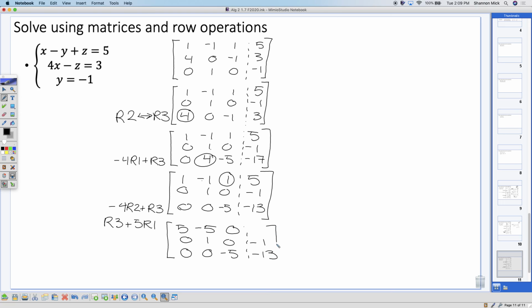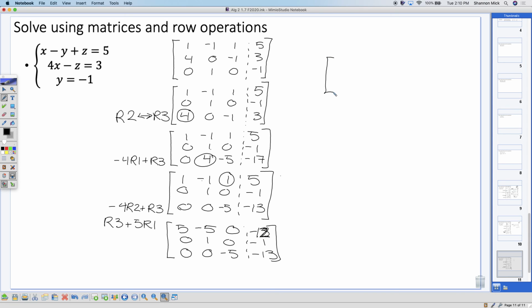Okay, so 5, so we get 10 minus 13 is -3, right? Oh, wait, 25 minus 13. 12, but negative, right? Okay, so now I'm going to multiply my next step.